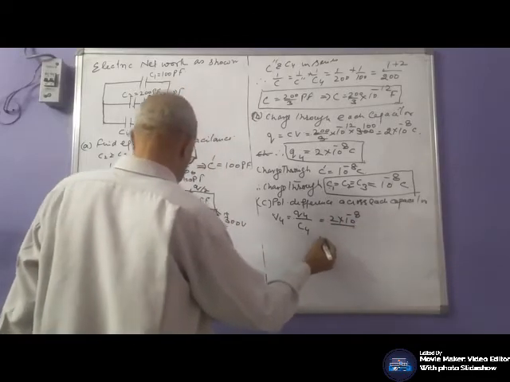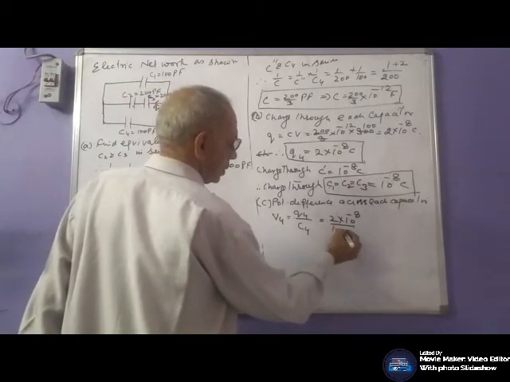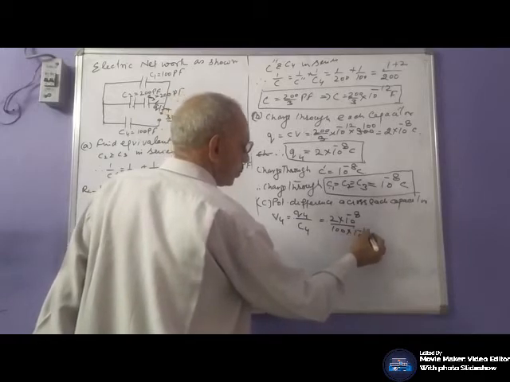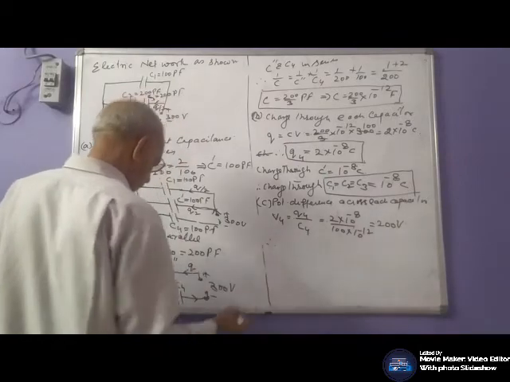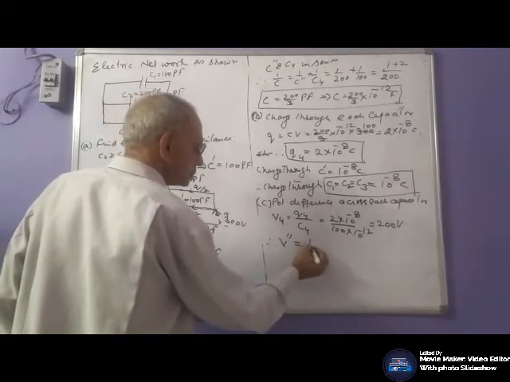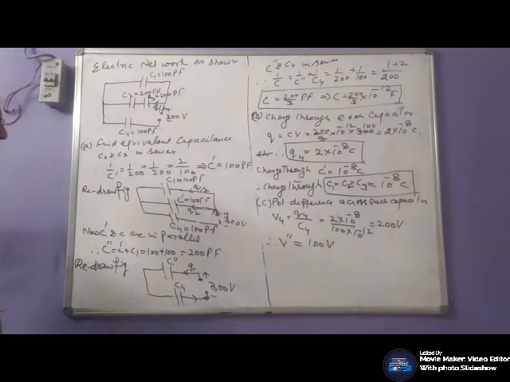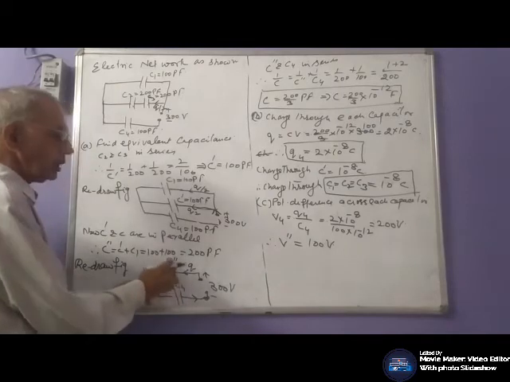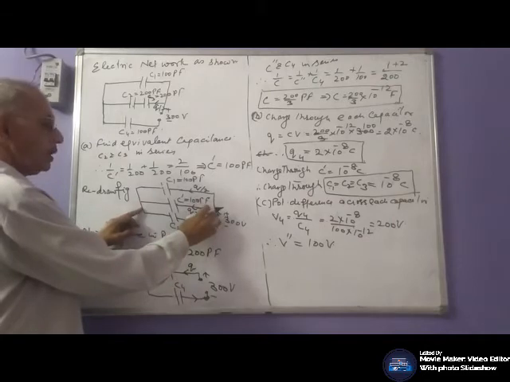C4 was 100 pico, 200 volt. Therefore, V double dash is 100 volt. Why? Total is 300. Now they are in series. If it is 200, this will be 100. C double dash is here. 100 is here.